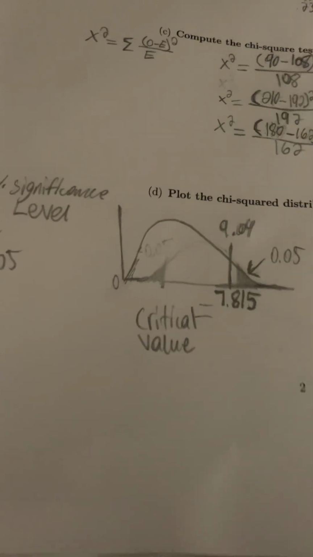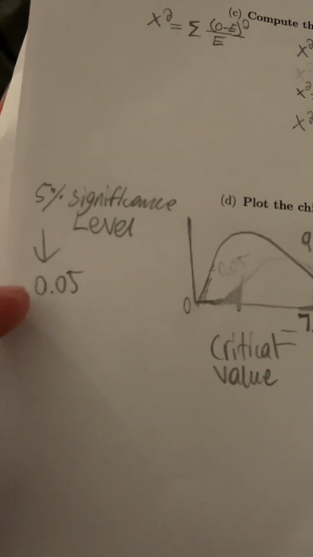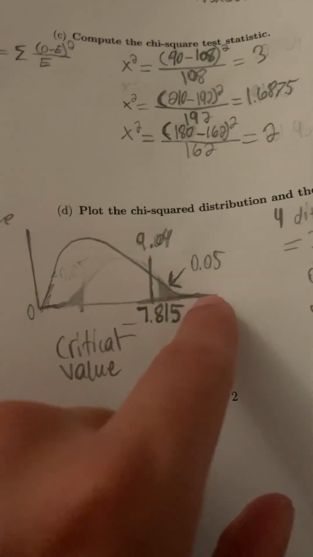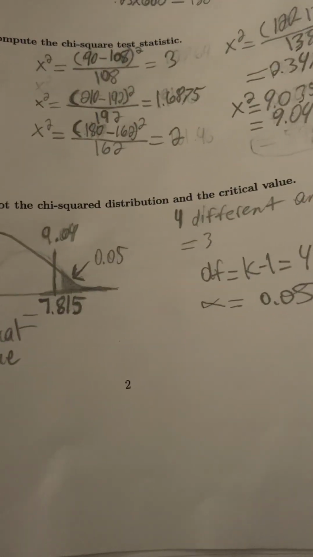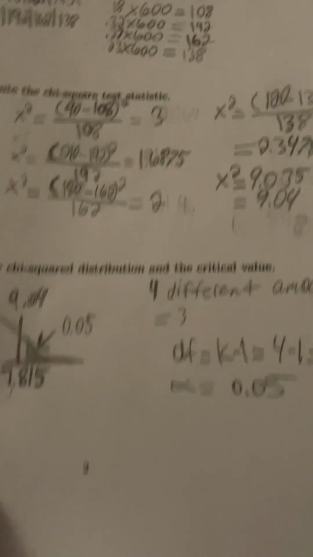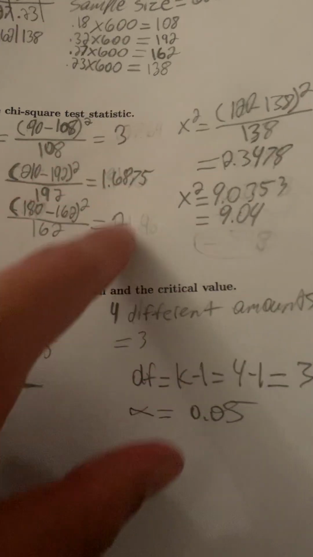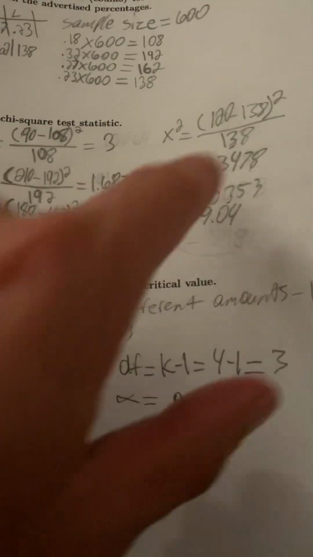And they gave us a significance level of 5%, which you turn into 0.05, and you get your chi-squared distribution and your critical value. Oh yeah, and for these, you add them all up, so these equal that.